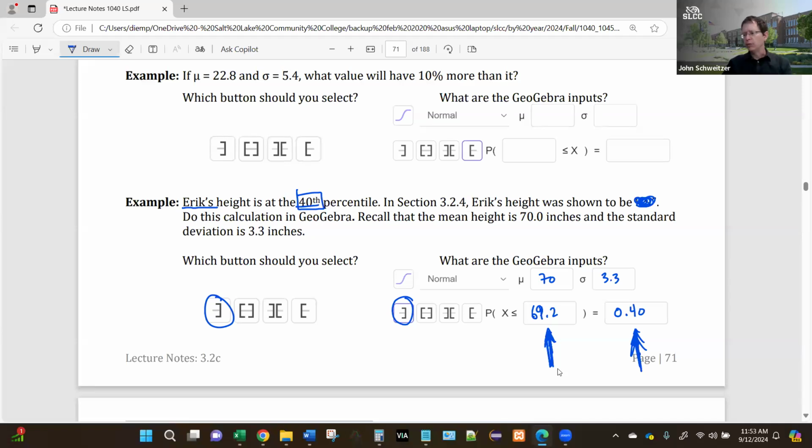You might get some people who use a half inch or something, but I've never heard anybody in casual conversation say, I'm 0.2 inches or something like that, right? So yeah, 69 inches, as we just saw, is 5'9", right? So Eric's height is 5'9", which is what we showed in that example in the text, right? Okay, so in other words, the 40th percentile for adult male heights is 5'9".